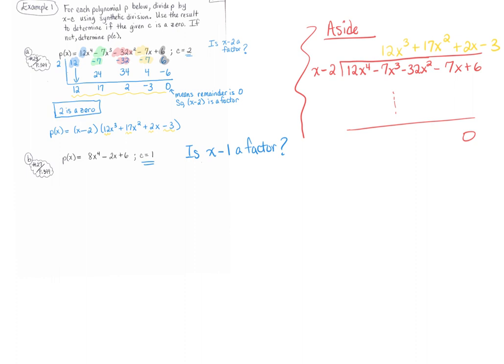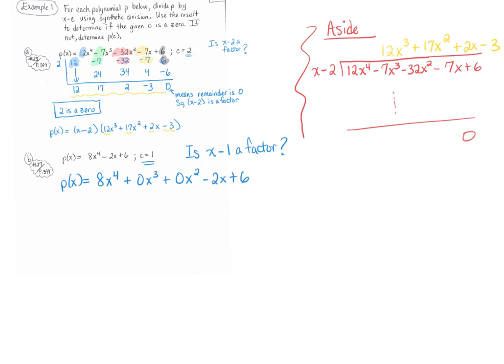Okay? So one thing to note when we look at 8x to the fourth, notice that we don't have a cube term, we don't have an x squared term, so we need to put placeholders in there. So p of x is really 8x to the fourth plus 0x cubed plus 0x squared minus 2x plus 6.